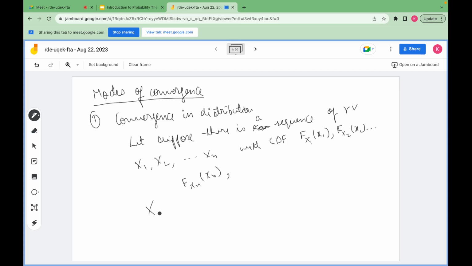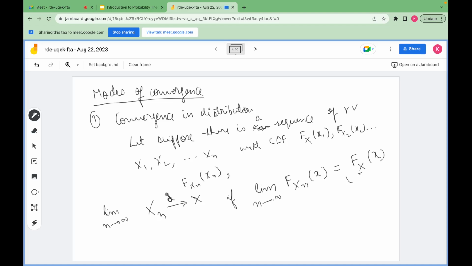We will say that this Xn, as n tends to infinity, converges to some random variable X if the limit as n tends to infinity of F_Xn is equal to F_X, the distribution function of some X. If there exists a random variable with CDF F_X, and if the CDF of this Xn converges to that function, then we can say that our sequence of random variables converges to the random variable X in distribution.